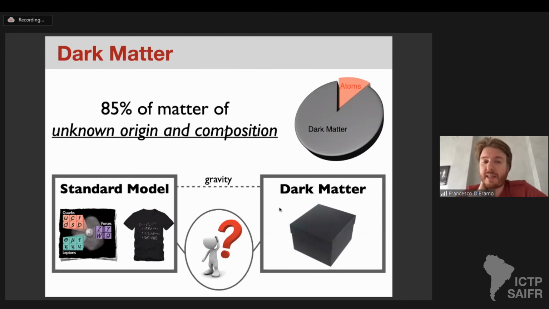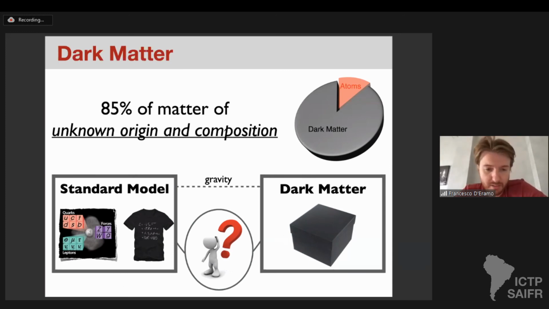You remember, I also told you that 26.8% of energy density in dark matter is not understood. This is only by taking the portion of the energy budget with baryons and dark matter. So this is 85% of matter in the universe. I'm not accounting dark energy here.